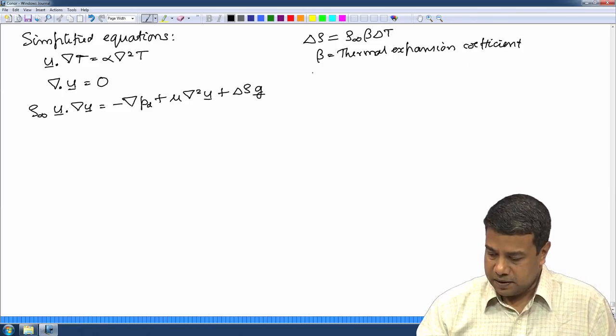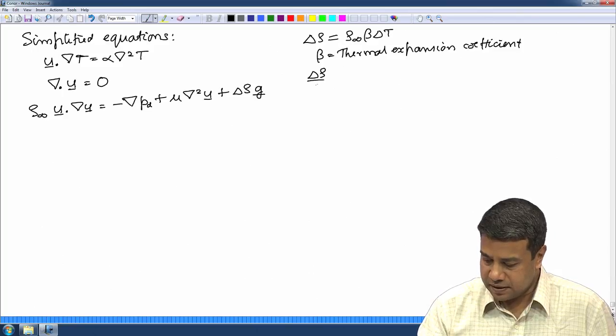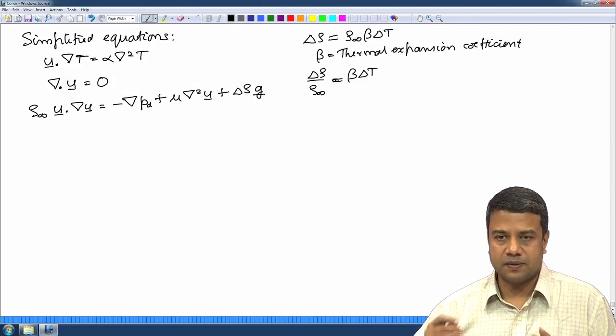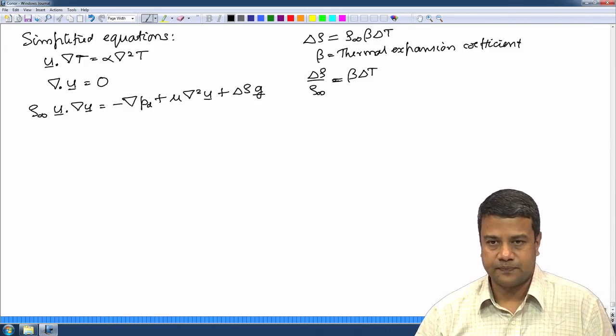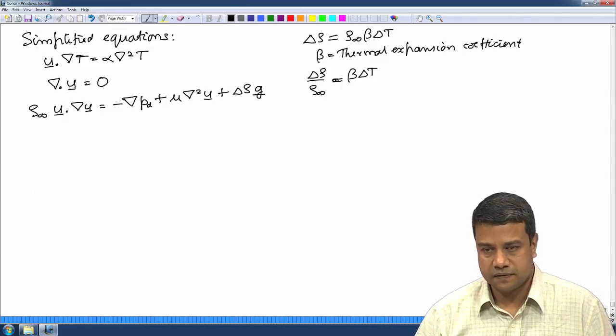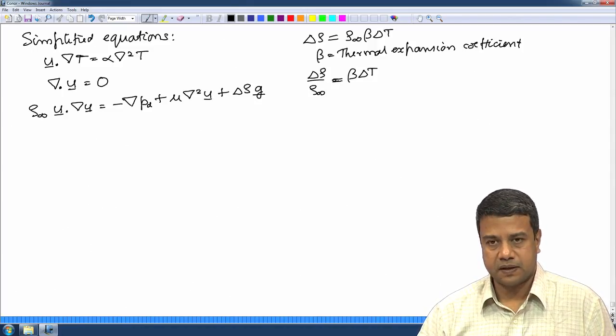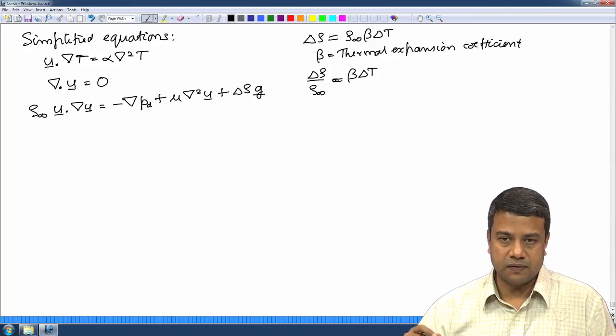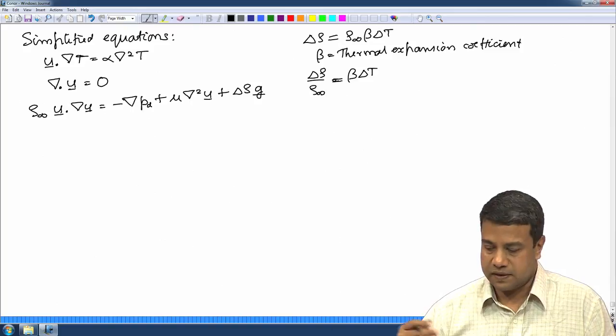What does it physically mean? What this basically says is that delta rho by rho infinity is equal to beta delta T. The fractional change in density due to a change in temperature delta T is equal to this thermal expansion coefficient times delta T. Therefore, the thermal expansion coefficient has dimensions of inverse of temperature. We are referencing this to a density rho infinity and temperature T infinity far away.